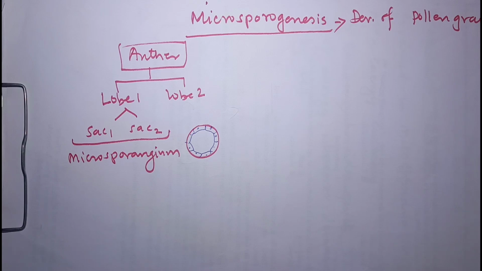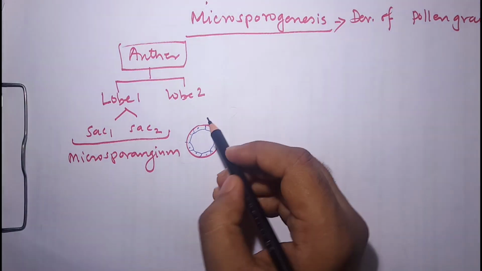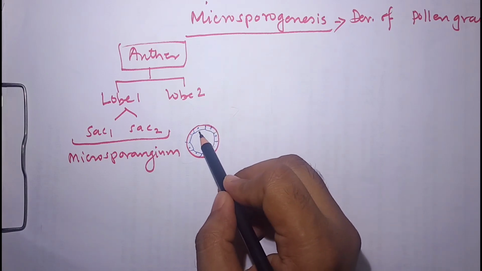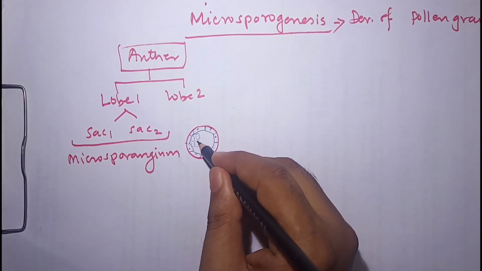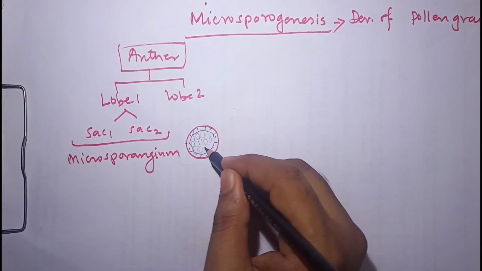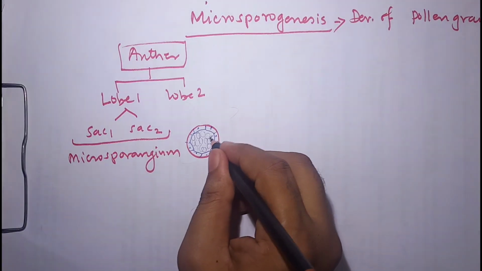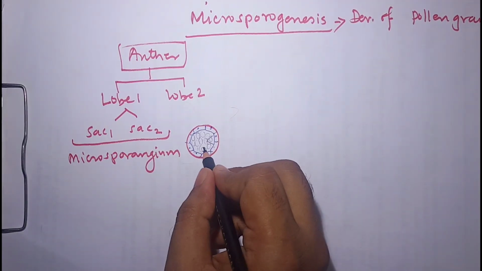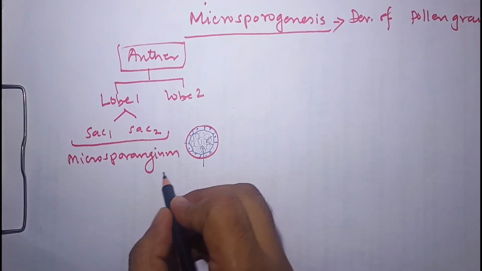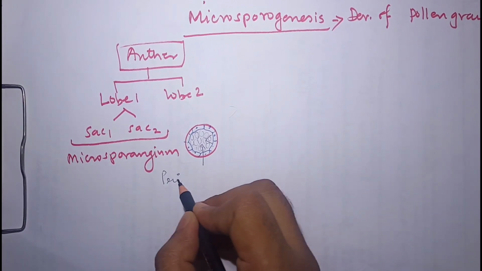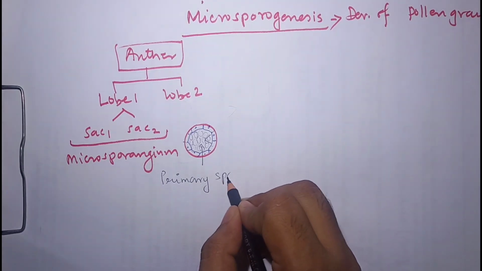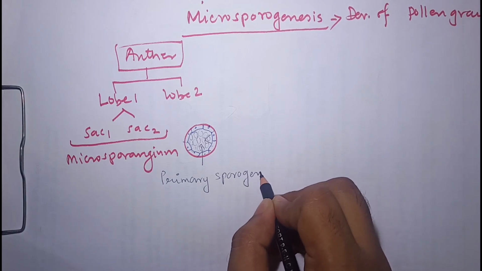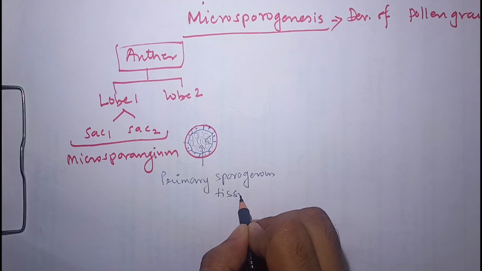Now in this nutritive layer you can find the presence of these, which are called primary sporogenous tissue.